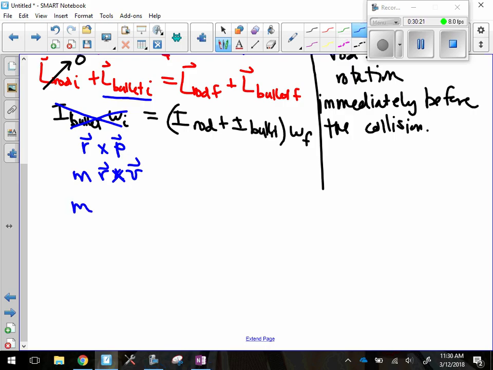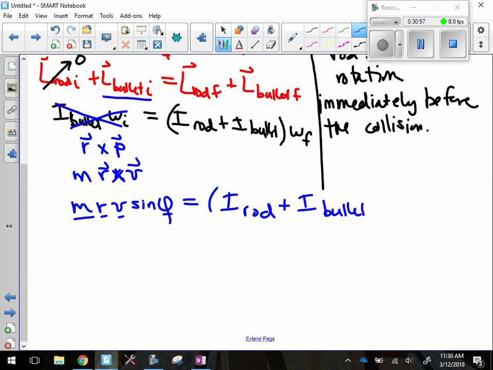And as Priya said, r cross v is r v sine phi, which is what I'm looking for, right? I know what phi is. What's phi? 60 degrees. I figured out my r, and I know what my m is. Yes? Okay, so then this is going to be equal to I rod plus I bullet times omega f.